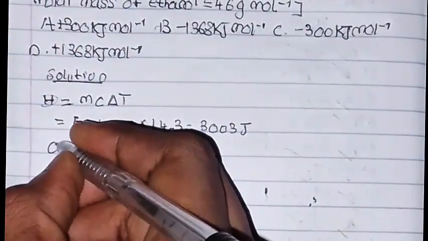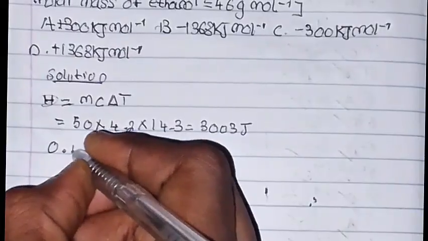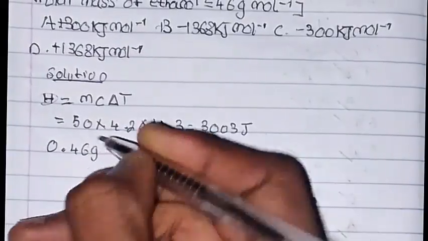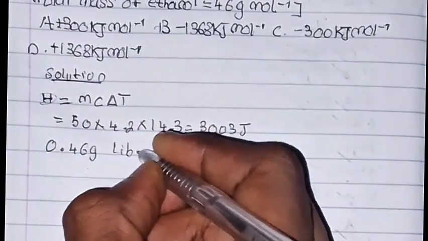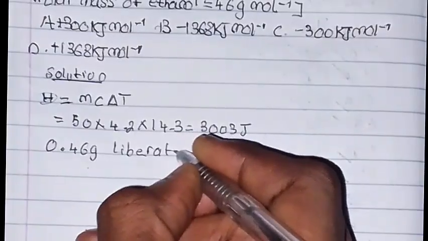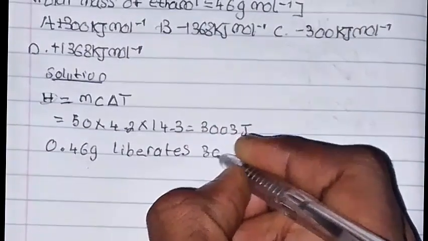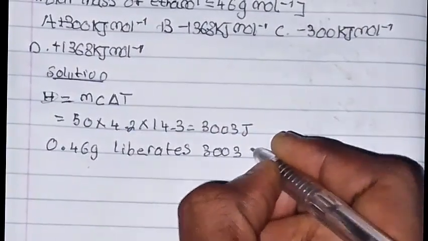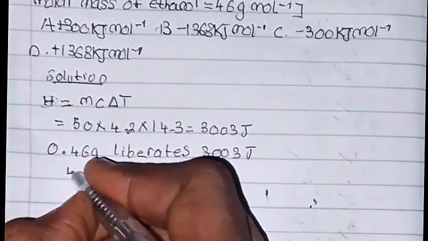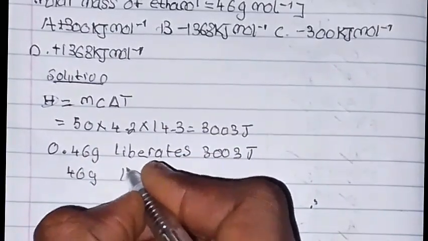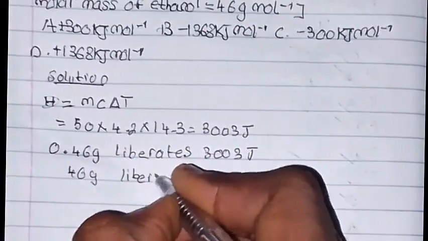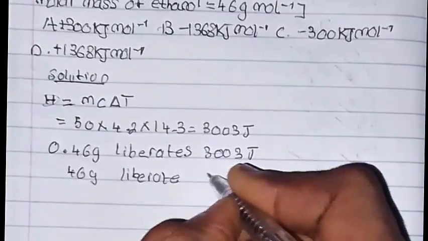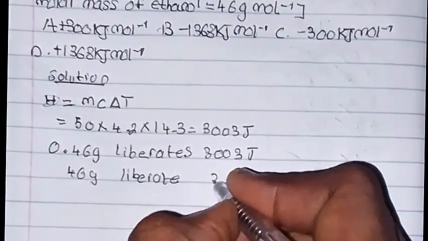So if 0.46 gram liberates 3003 joules, then 46 gram will liberate X. How much heat will 46 gram, which is 1 mole, liberate?